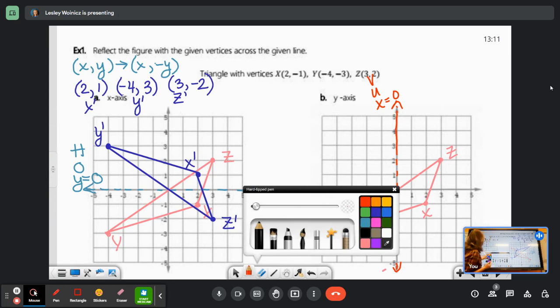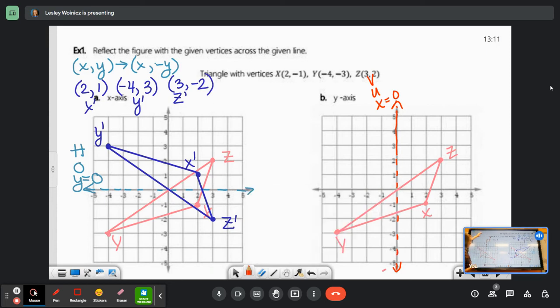So our rule for reflecting in the y-axis is that we're going to keep our y value the same because we don't want the y value to go up or down. We want to keep it. And we're going to change the sign on our x coordinate. So that'll be (x, y) maps to change the sign on the x but keep the y.